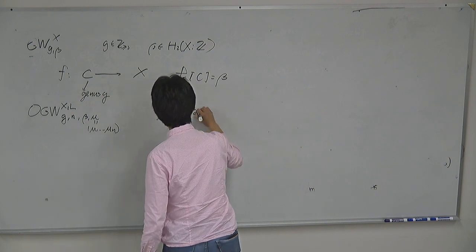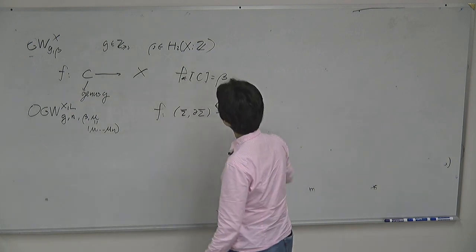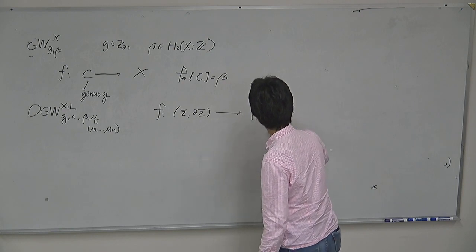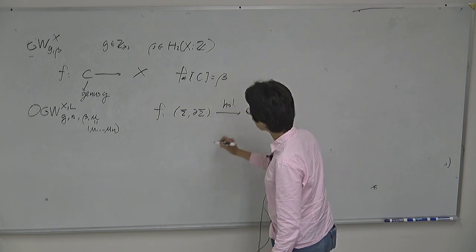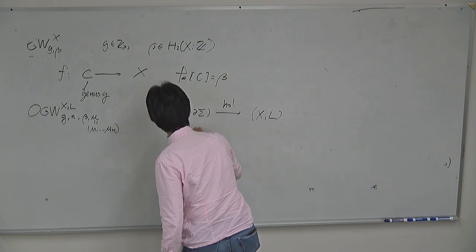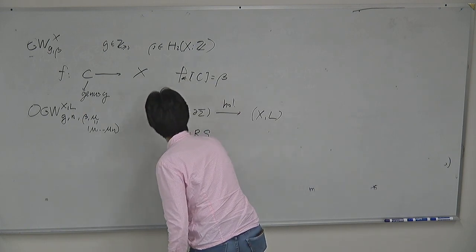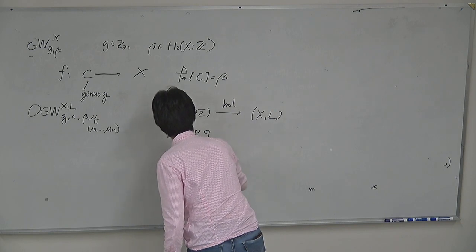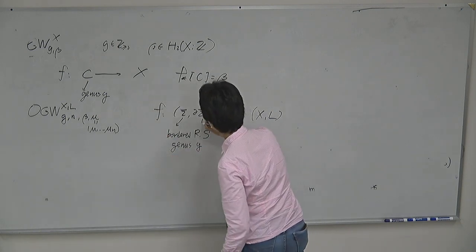So before we compactify such a moduli space, we consider holomorphic maps from a bordered Riemann surface of genus g, and with m boundary circles.